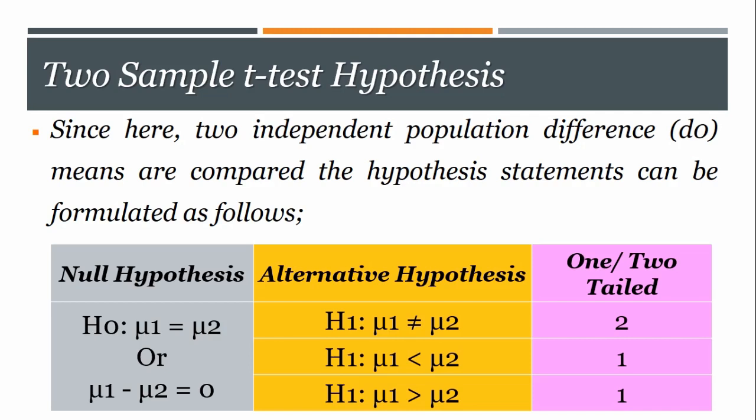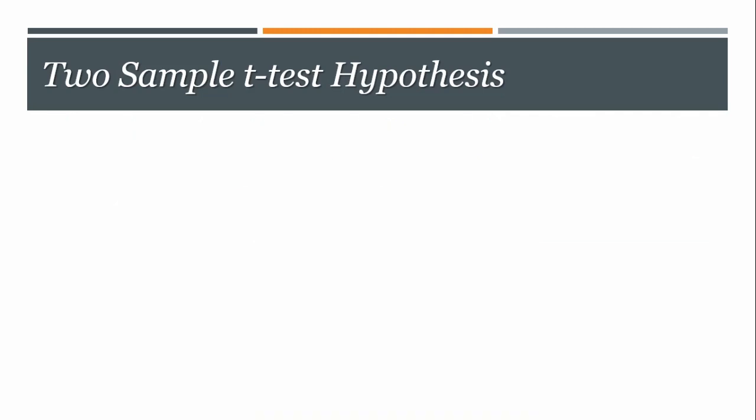The null hypothesis can be stated as: the mean of two independent populations is equal, or in other words, there is no significant difference in the mean of two independent populations. And the alternative hypothesis, H1, is that the population means of two independent populations are not equal, or that there is a significant difference in the mean of two independent populations.